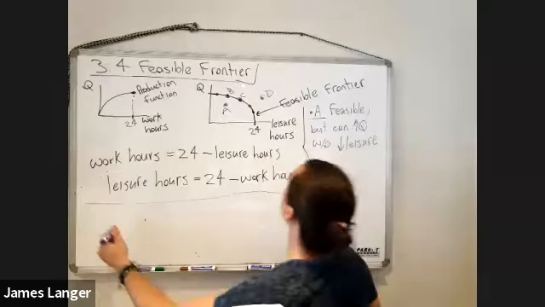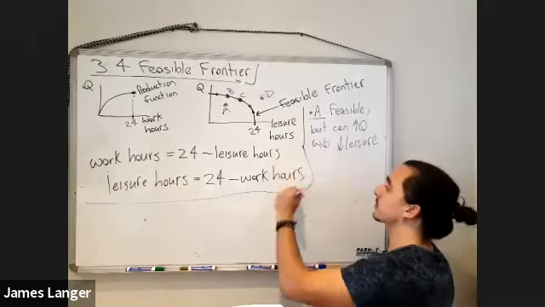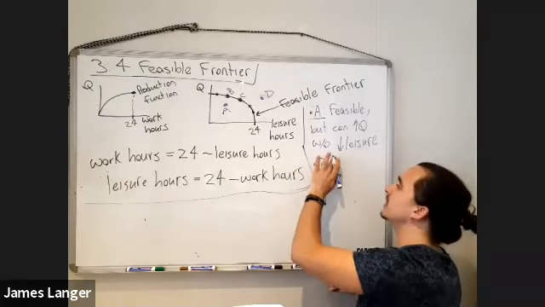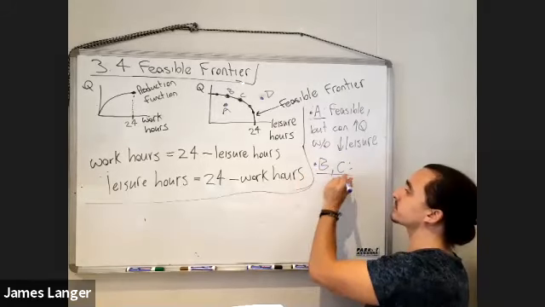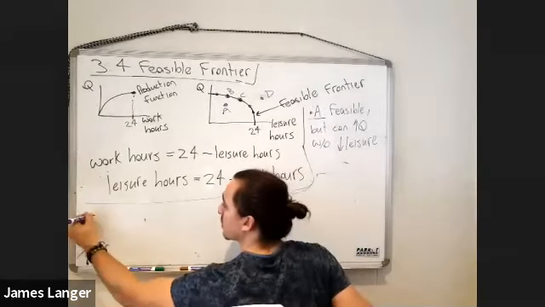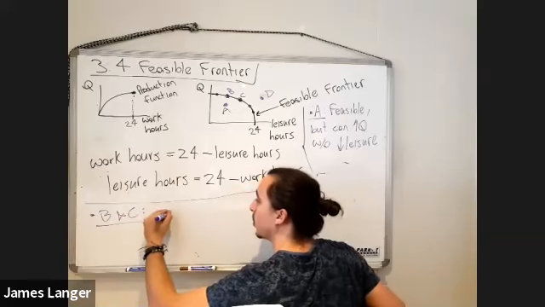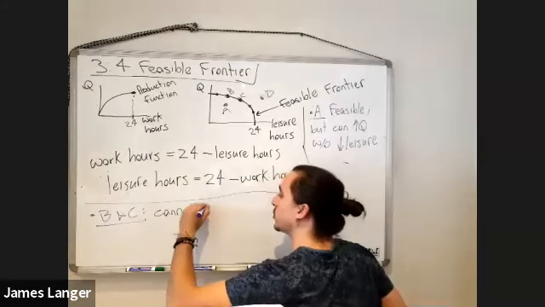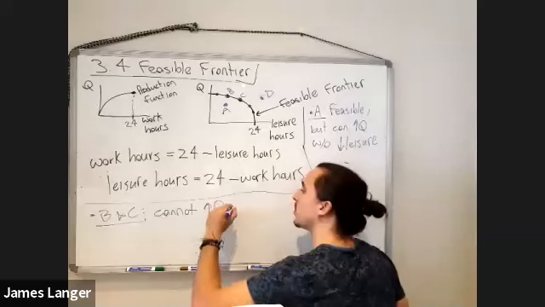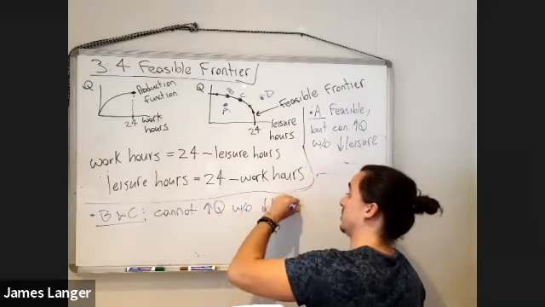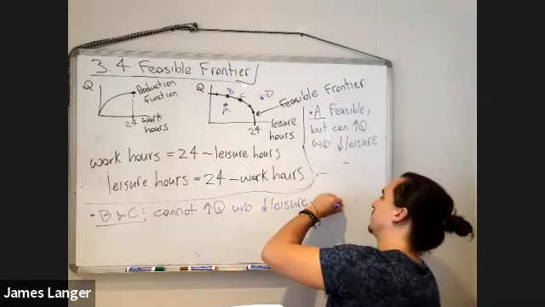Then we've got point B and point C. Actually, I'm going to just write it here. At points B and C, we cannot increase Q without decreasing leisure, and vice versa.